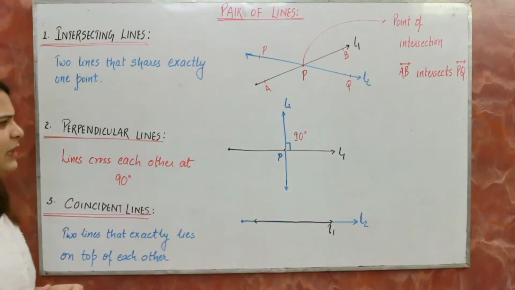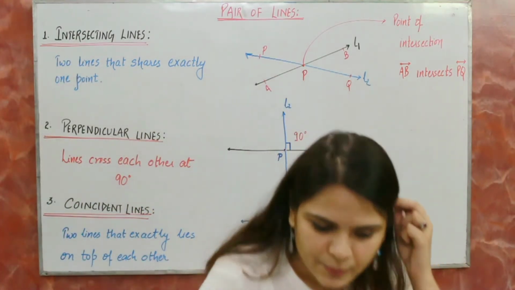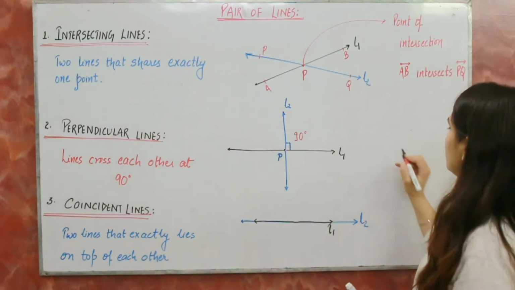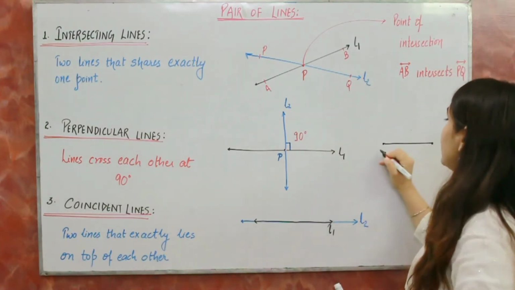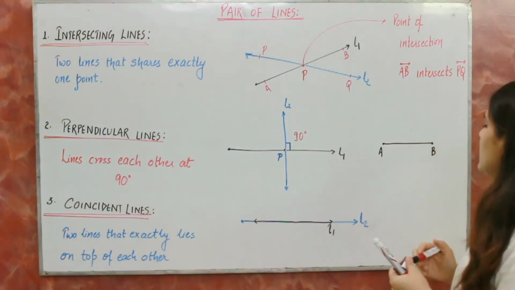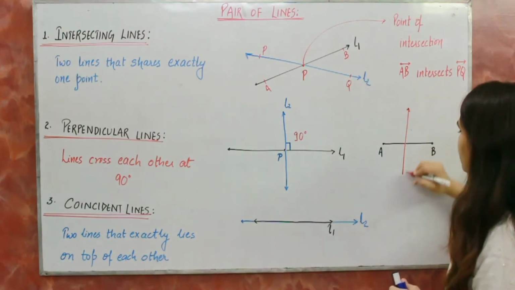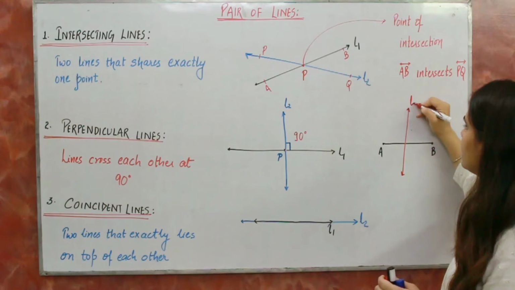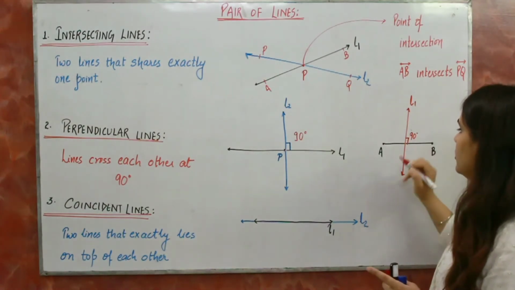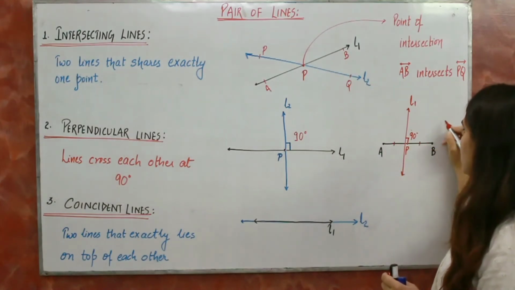Okay. Now I would like to add one more thing, what is perpendicular bisector. Perpendicular bisector means, suppose we have a line segment here, not line, okay, line segment AB, and this line will be a perpendicular bisector if it is at angle 90 degree, and also if it is dividing this line segment in two equal parts.